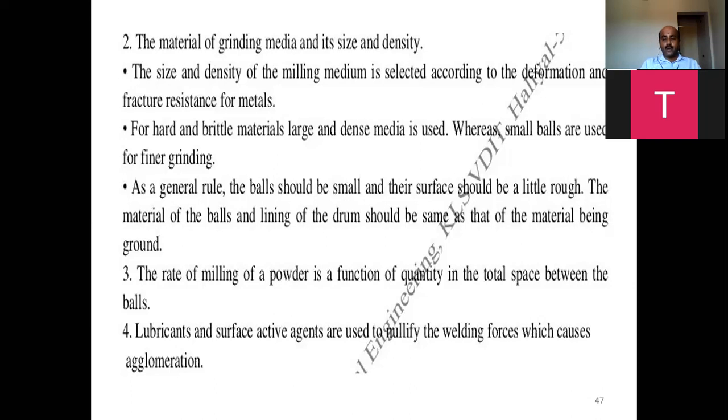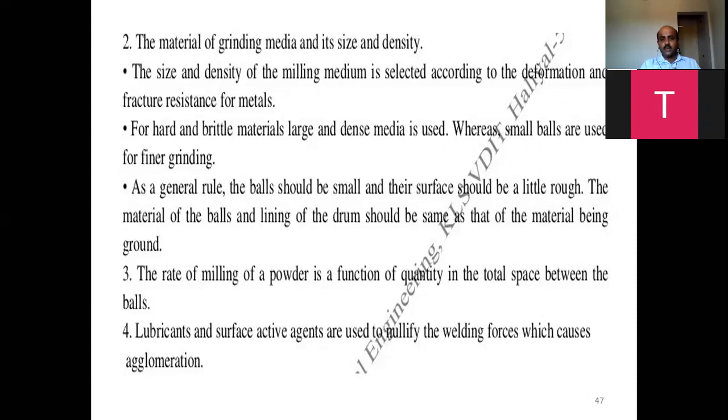Then the third important point to be considered here is that the rate of milling of powder is a function of the quantity in the total space between the balls. So how fast are the powders produced?